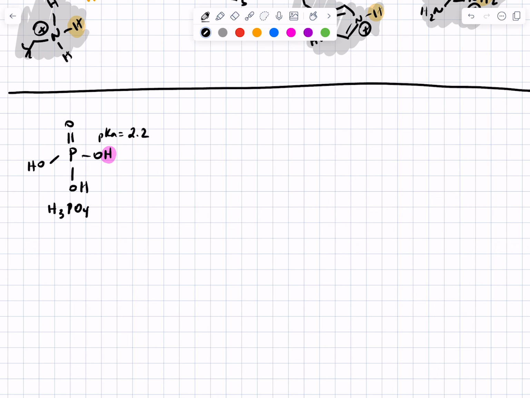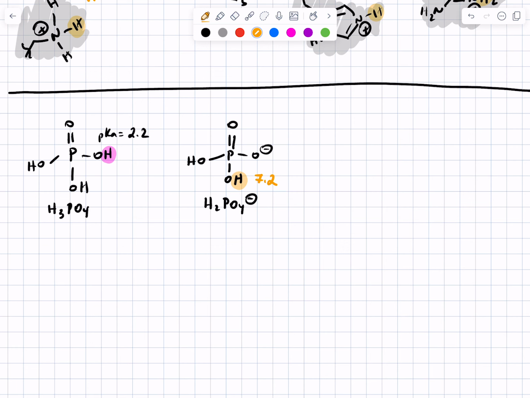It's in equilibrium with the monoanion, or sometimes called dihydrogen phosphate, or H2PO4 minus. Somewhere in your mind, Celine Dion is singing "It's All Coming Back to Me Now." This pKa is around 7.2.